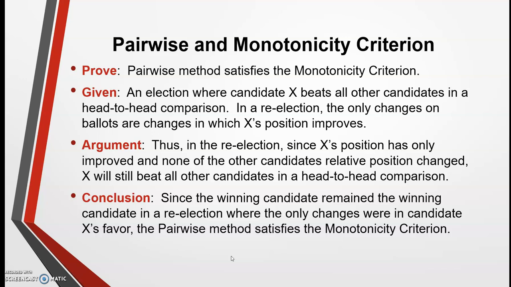So in other words, the changes only favor X. If X already was beating more than anybody else and their position only improves, then they will continue to beat everybody else. So therefore, the pairwise comparison method also satisfies the monotonicity criterion.